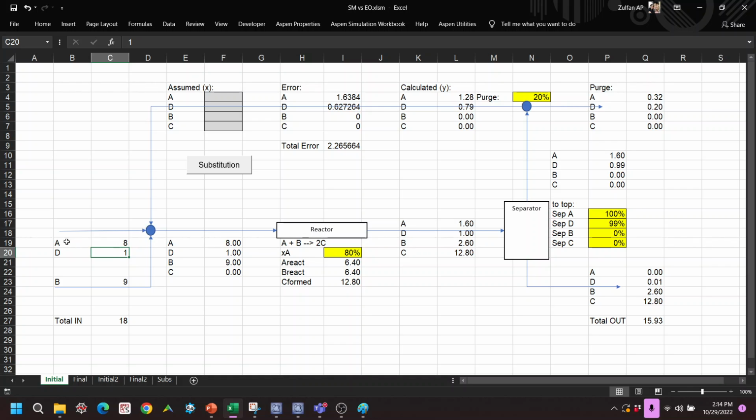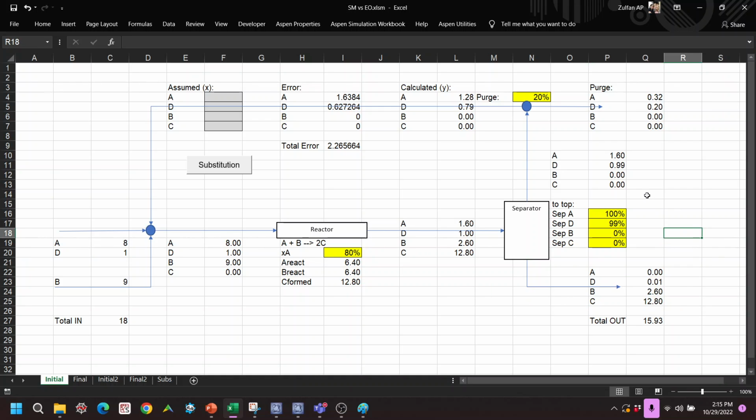So we have A and D being light components, and B being a heavier component, and they mix, and then here we have another stream coming in, which is the recycle stream, like the example that I mentioned. All of these streams are mixed together, and then they go to the reactor, and then to the separator. The reaction is A plus B becomes 2C, and C is the product.